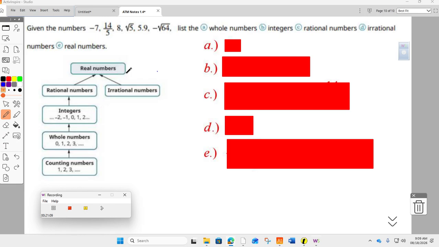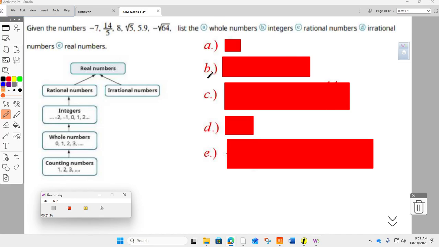You very often will see these categories in a Venn diagram, where the big rectangle is the real numbers. They've got a circle for rational numbers and a circle for irrational numbers. If a number is irrational, it can't be written as a fraction, then it is an irrational number and a real number, nothing else, right?